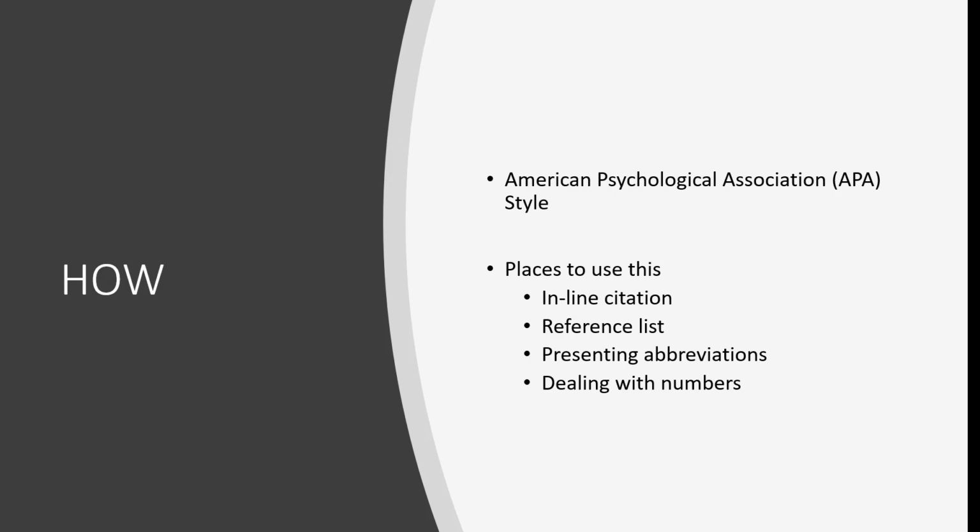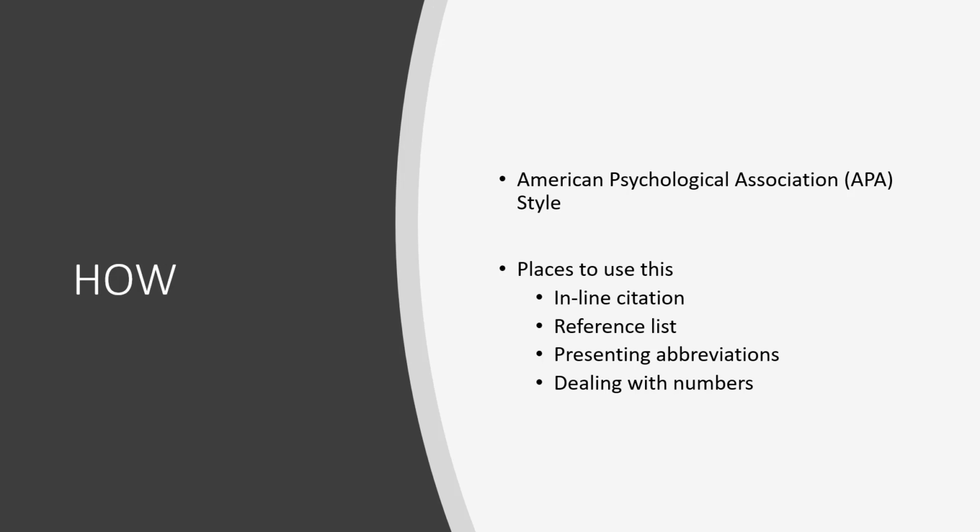When we construct the reference list, so this is the list at the back of your assignment that's going to have all the source material for those inline citations. When you're presenting abbreviations, and this is known to have happened once or twice in paramedicine, apparently, and how we deal with numbers when we're writing in this particular style.